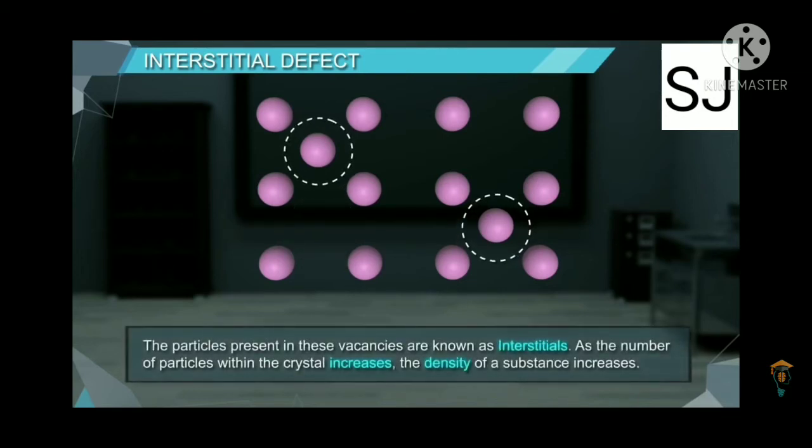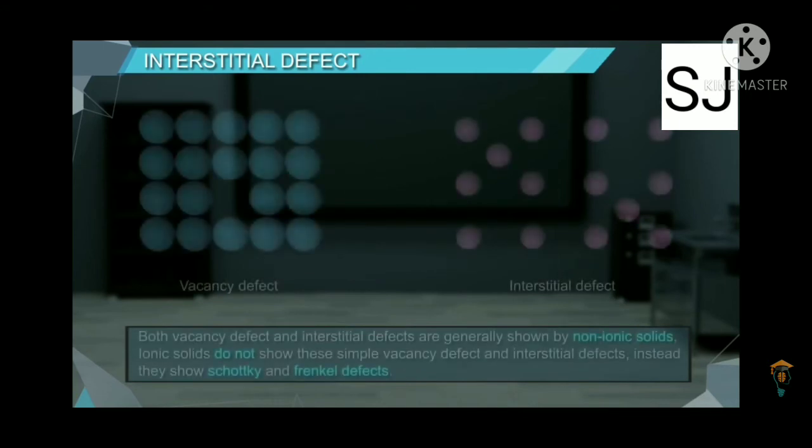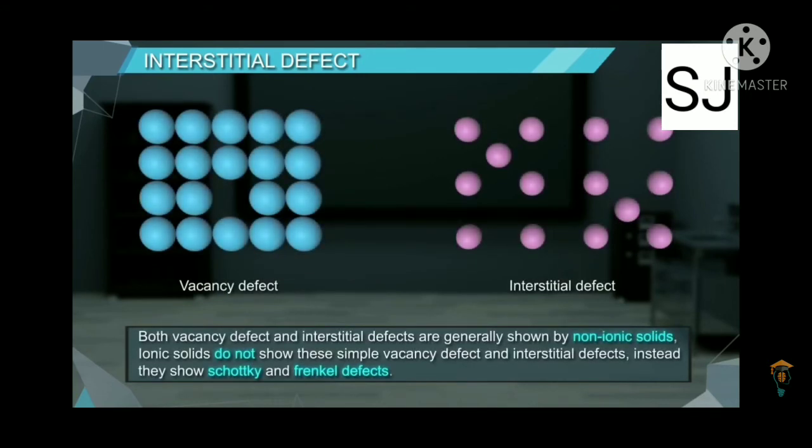The particles present in these sites are known as interstitials. As the number of particles within the crystal increases, the density of the substance also increases.